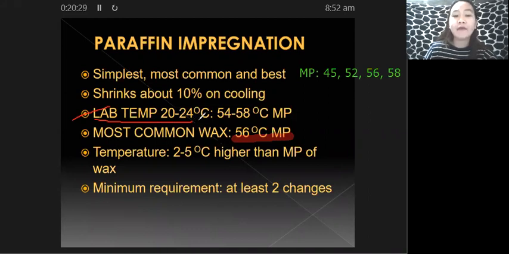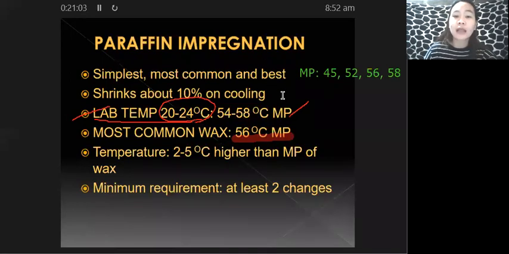If the laboratory temperature is 20 to 24 degrees Celsius, the wax that you use should have a melting point of 54 to 58 degrees Celsius.